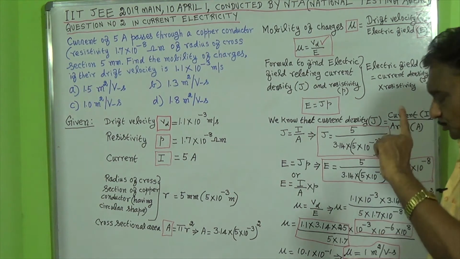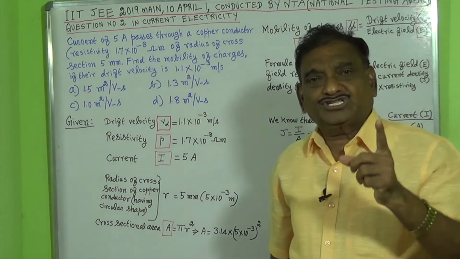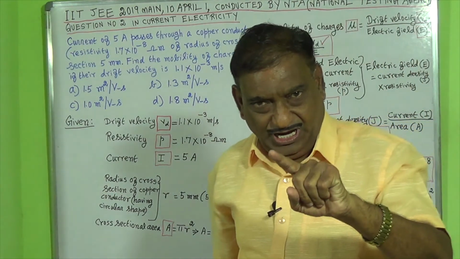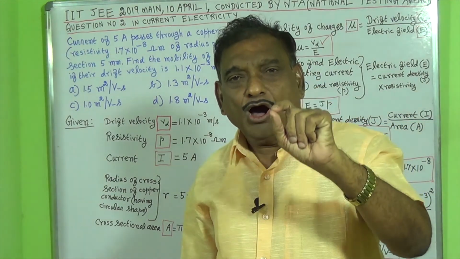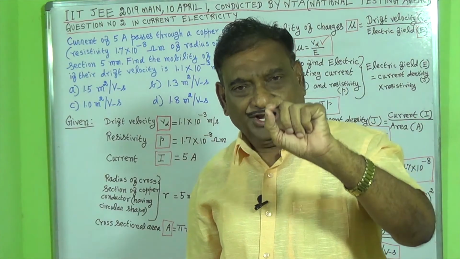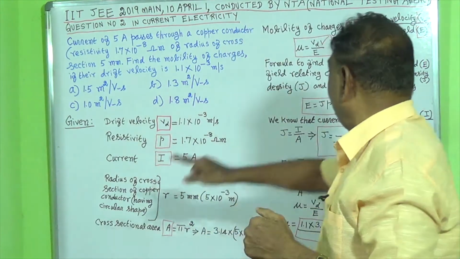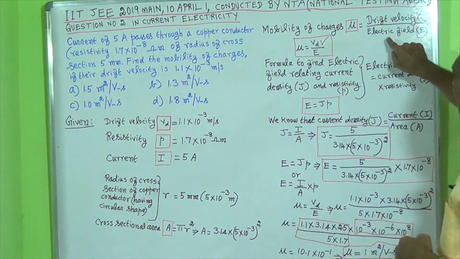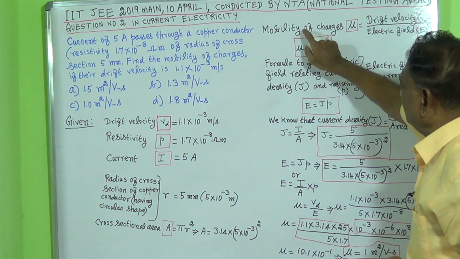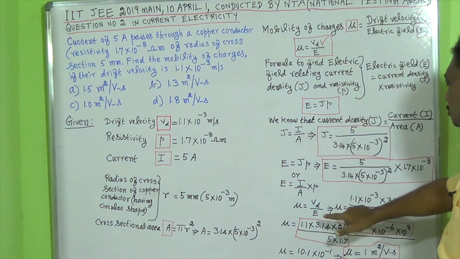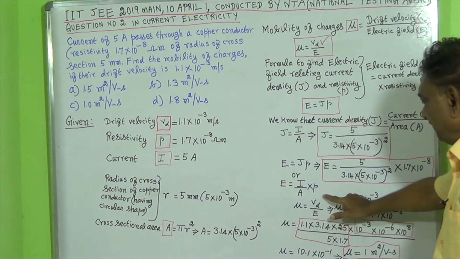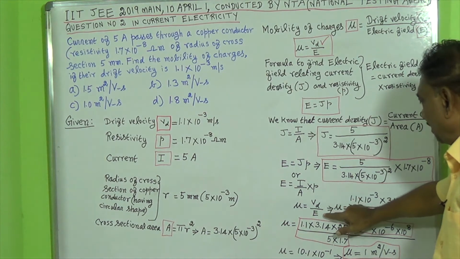Our next duty is, if we substitute this electric field in the formula of mobility of charges, that is drift velocity by electric field, we can find the mobility of the charges, that is mu. So mu equal to drift velocity by electric field.